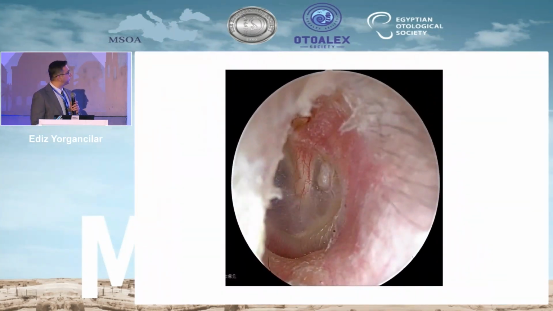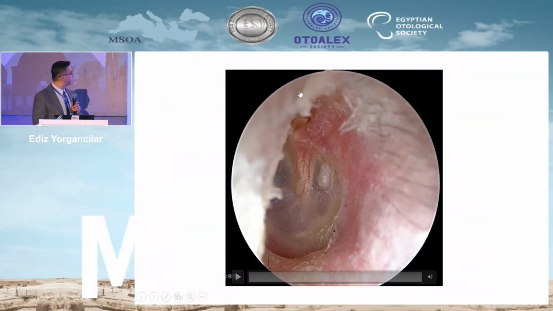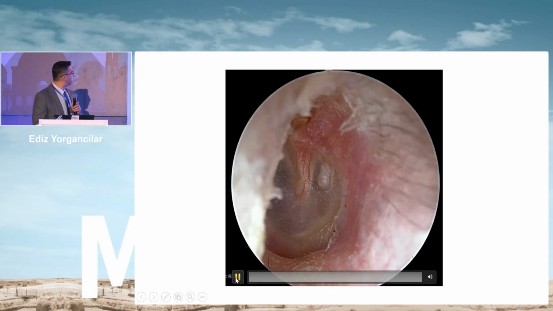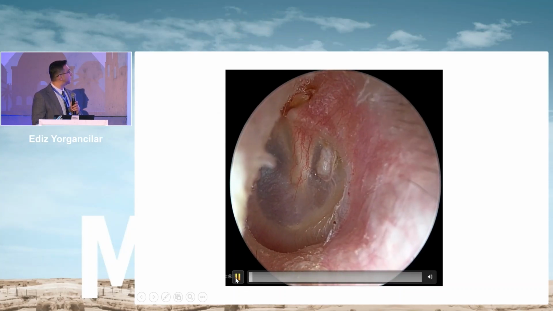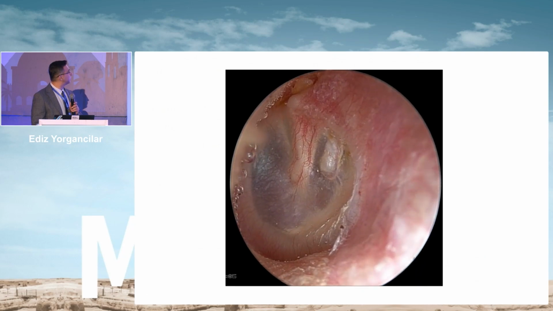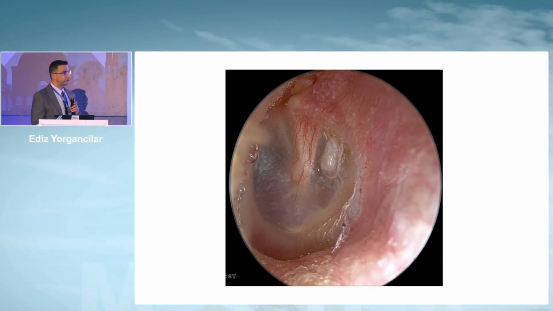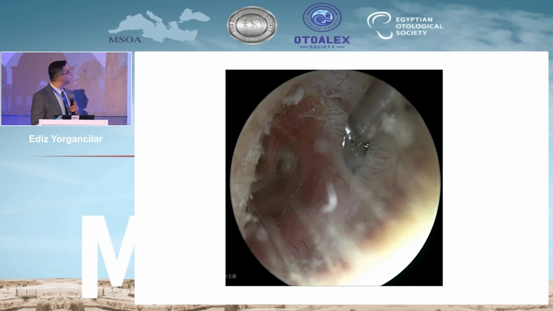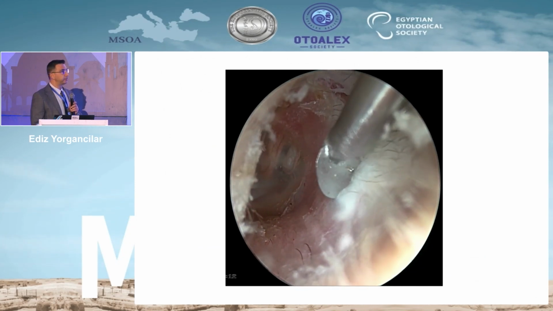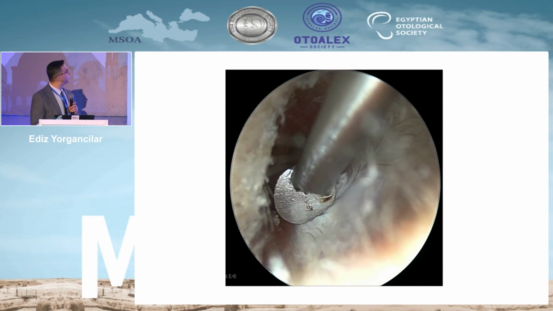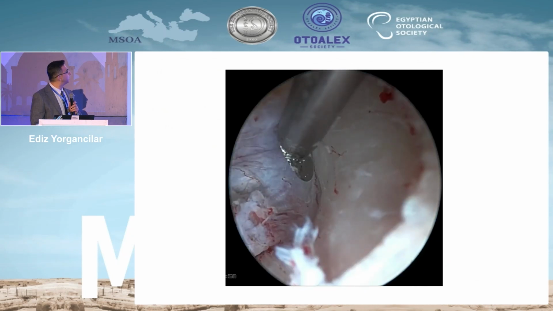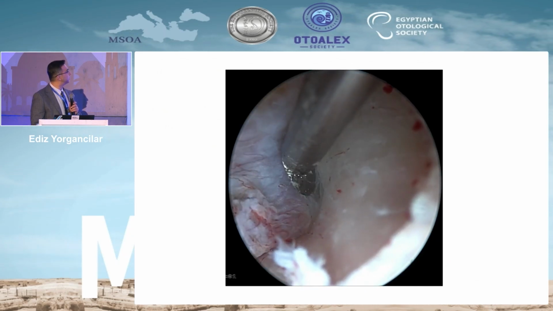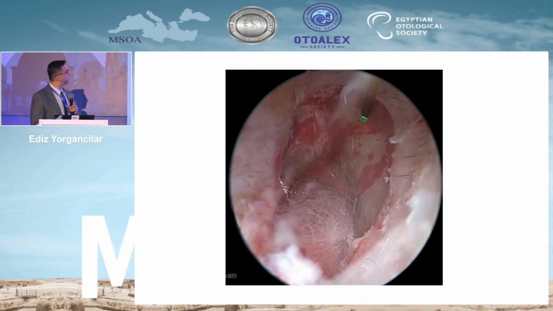I will share a couple of videos. Yes, this is an underwater technique. You can see the air bubbles around the external auditory canal, and we use a round dissector and dissect the tympanomeatal flap.